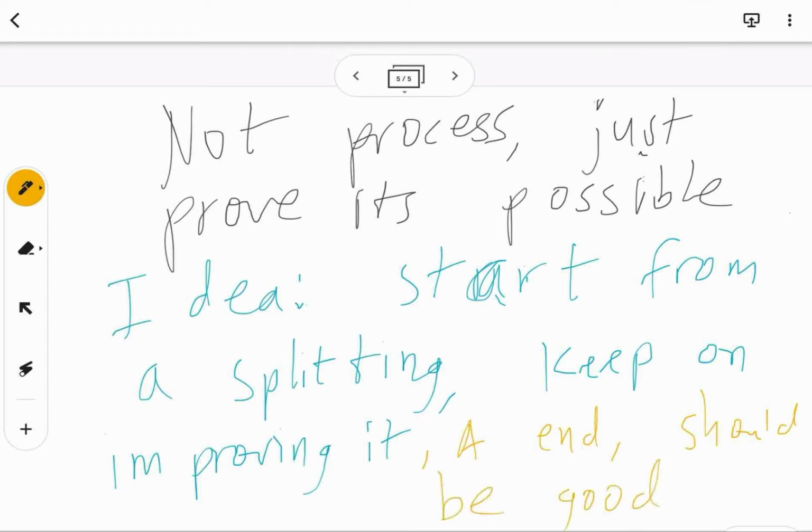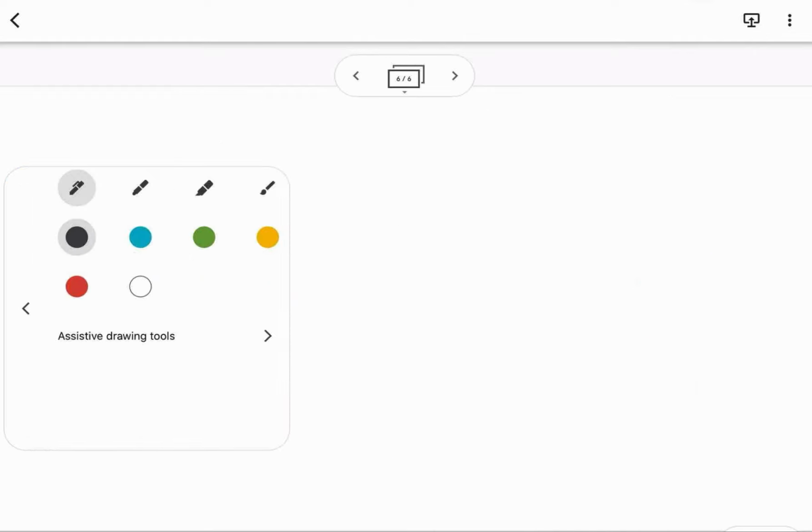Like if you start with some random splitting, and then you want to make the splitting better somehow. So how do we make this better?